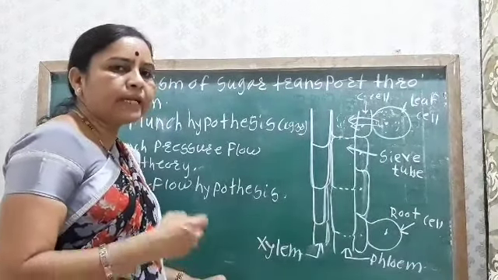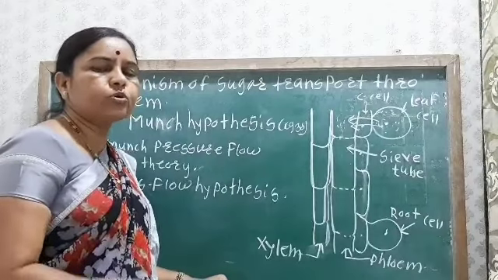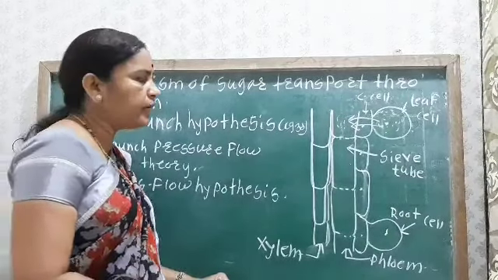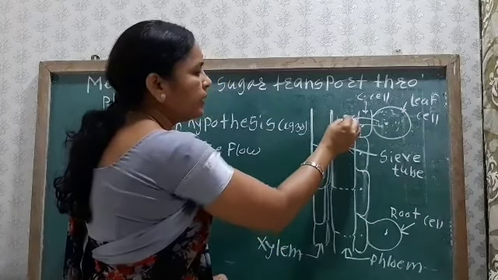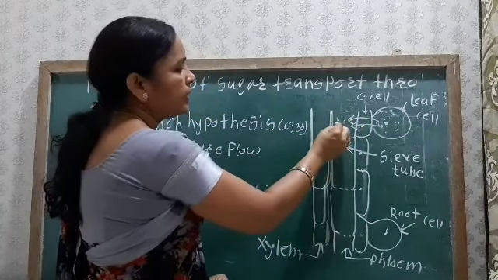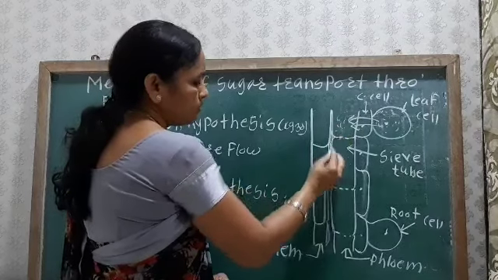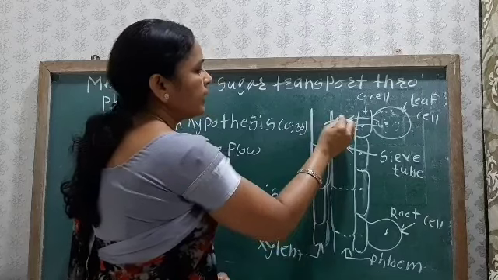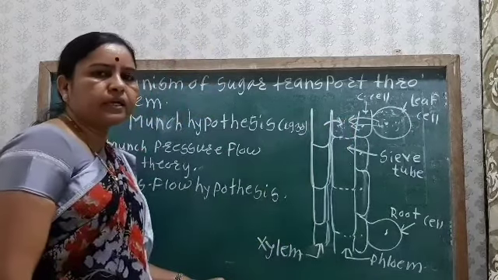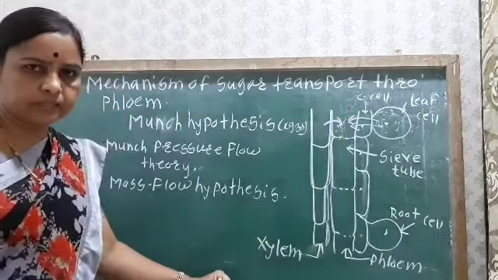Okay, and we know that DPD is the actual thirst of the cell. So due to the increase in the concentration and the DPD of the cell sap, the water from the xylem is taken by this sieve tube, that is, osmosis takes place.